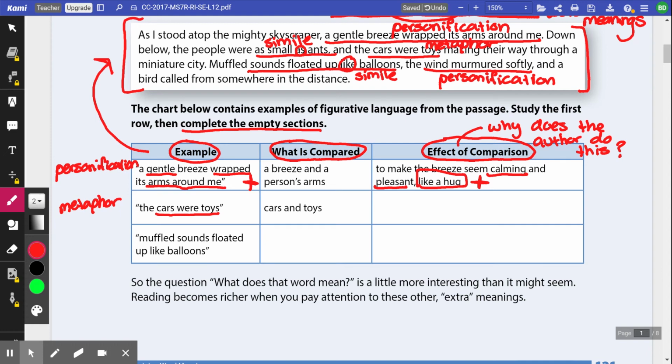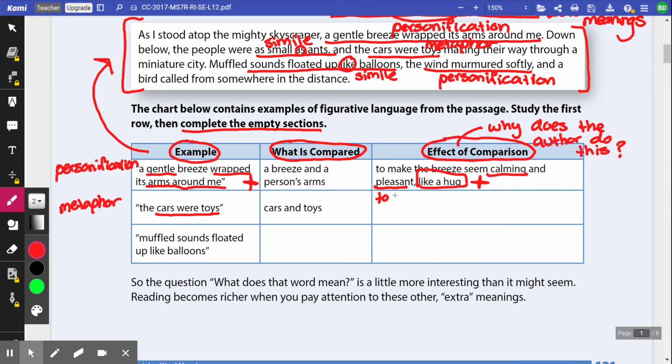Why does the author compare the cars to toys? Well, it's to make the cars seem tiny when viewed from above. So whenever you're standing on a skyscraper like they are in the passage and you're looking down, everything below you is going to seem very, very small, even stuff that's really large in real life.